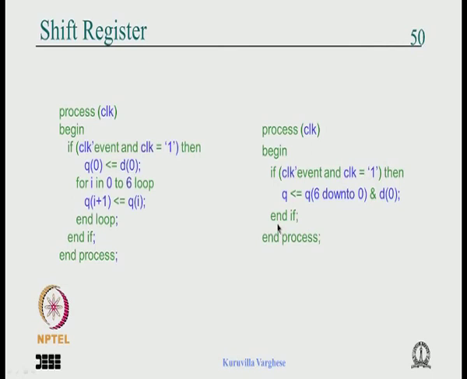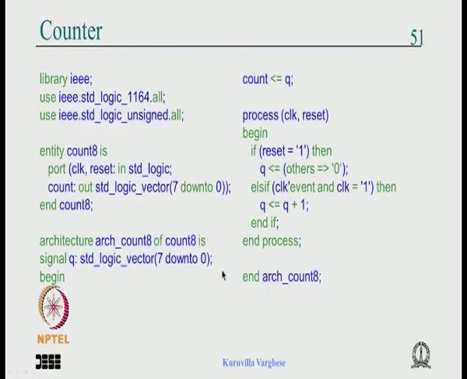So that is 2 ways of looking at it. I would prefer this any day over the loop. The loop, at least for people who are not thorough with the syntax, looks as if some loop is written, something which is consecutively executing, which is true for the simulator, not for synthesis.